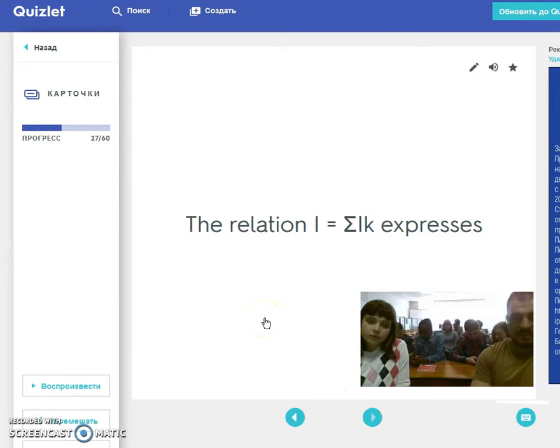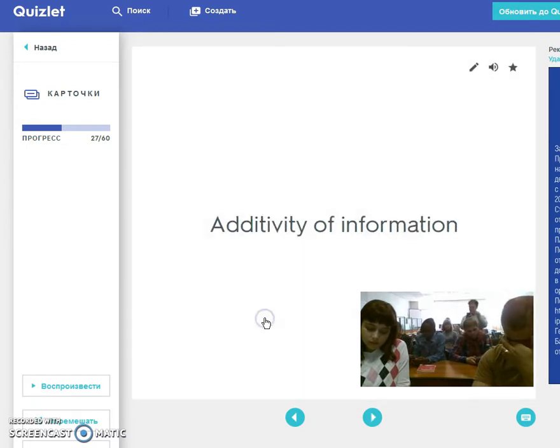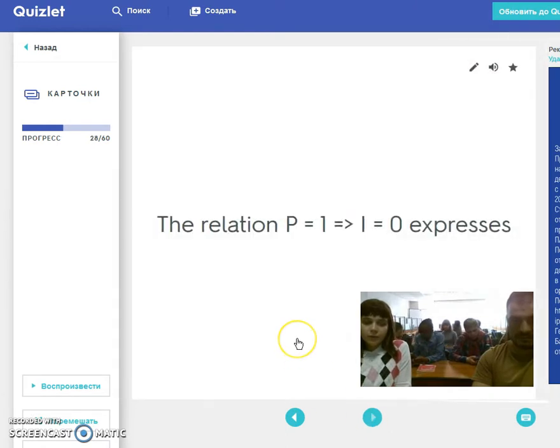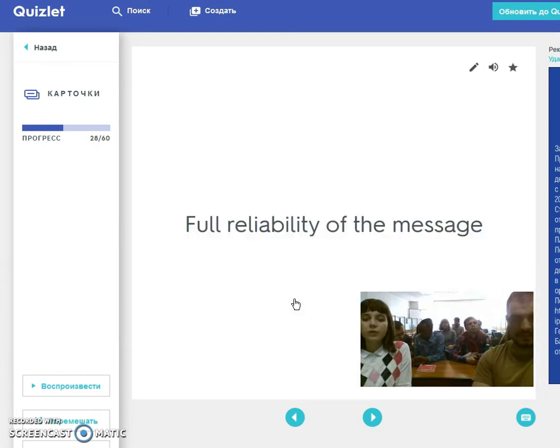The relation I = sum of I_k expresses additivity of information. The relation P = 1 leads to I = 0 expresses full reliability of the message.